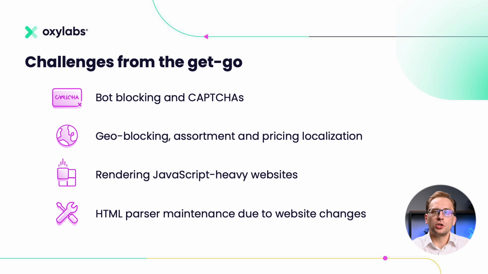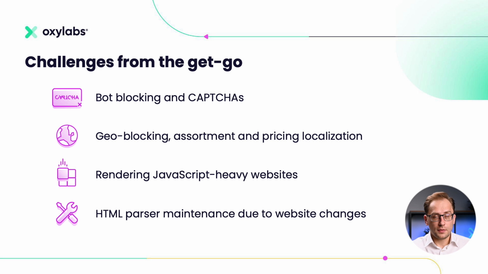The second one is geo-blocking and assortment and pricing localization. A lot of products' prices are actually localized, meaning that a particular promotion or price is available only if you're in a specific location, and websites are using APIs to identify your location, and in that way to show the right price to the right user.